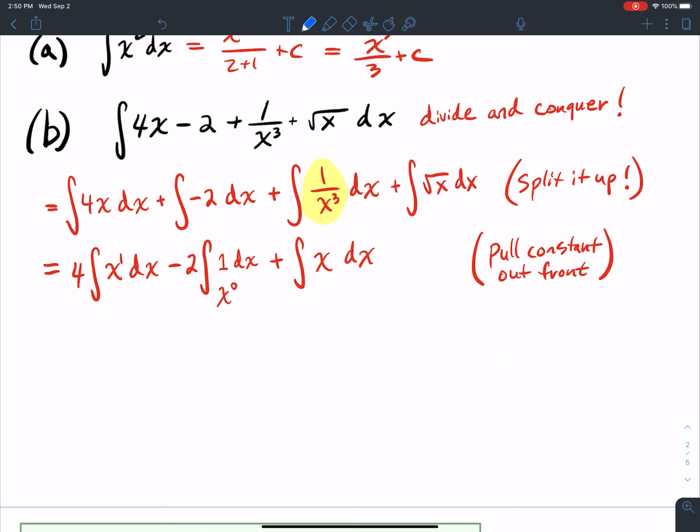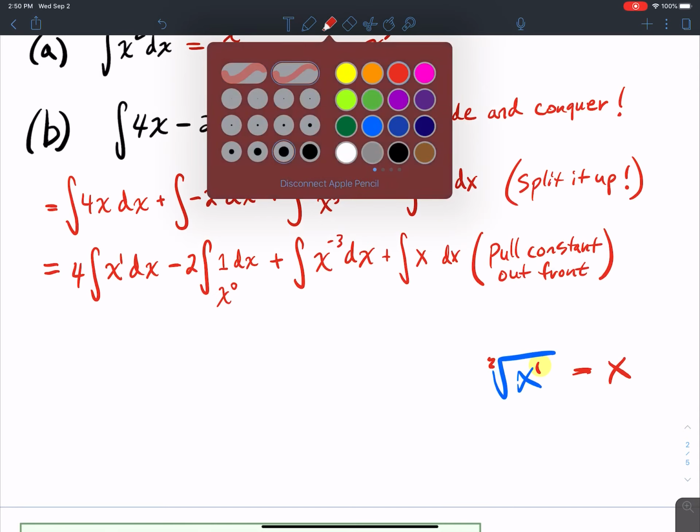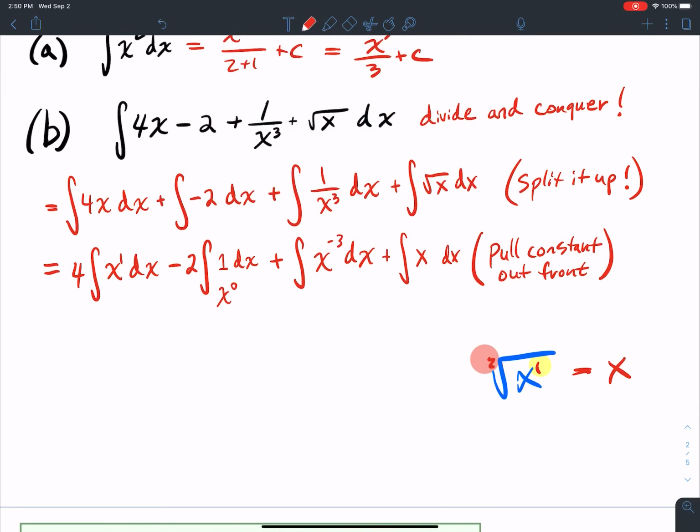That way we can use our rule rather easily. So this is x to the negative 3. And then this last one here, remember if I have a square root, it's understood that there's an index 2 here and there's only one x. So remember, the rider goes on top and the horsey goes underneath. So 1 over 2 for my exponent for a square root. So that's x to the 1/2 there.